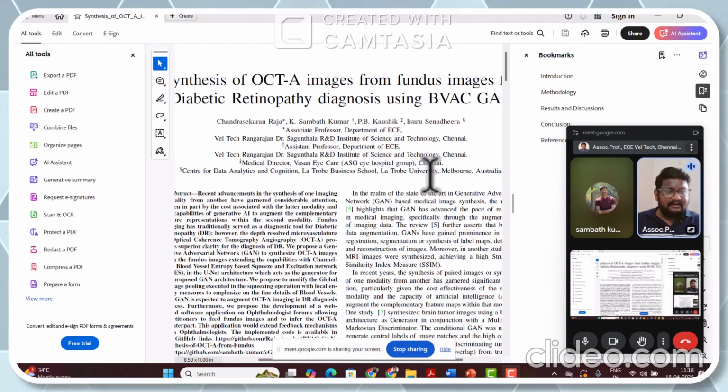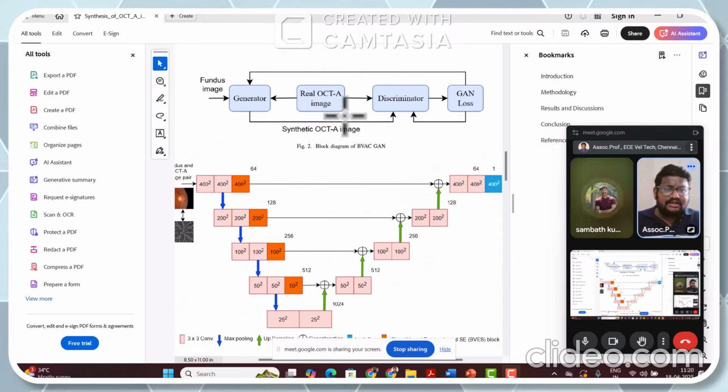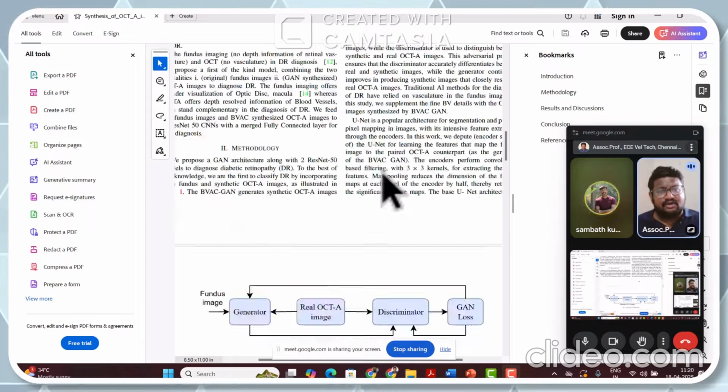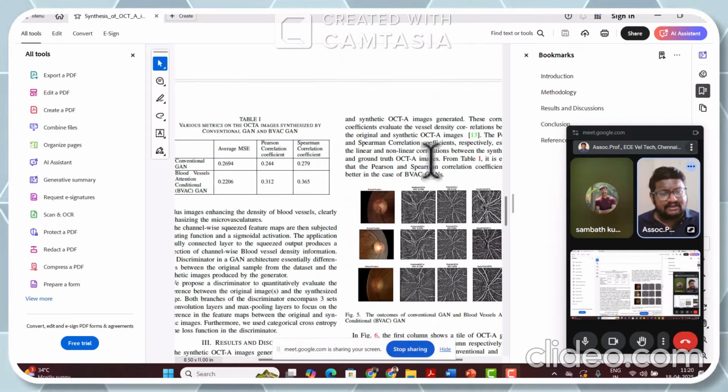Synthesis of OCTA images from fundus images. They are given here, and the generator of the particular conditional GAN is a U-Net. So this entire block was done by Dr. Sampat Kumar, the coding part, and we have made some novelty also, like using entropy based thresholding. When we want to preserve the blood vessels, I thought entropy would be the perfect parameter to preserve them, and that has given suitable outcomes also.